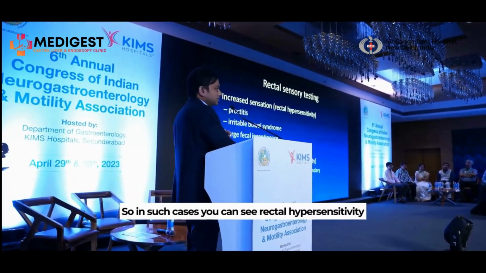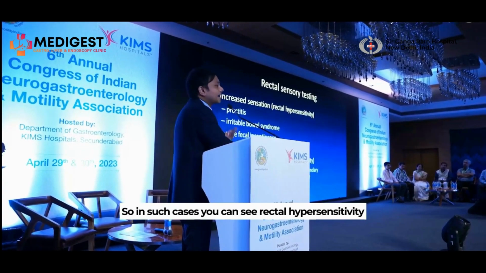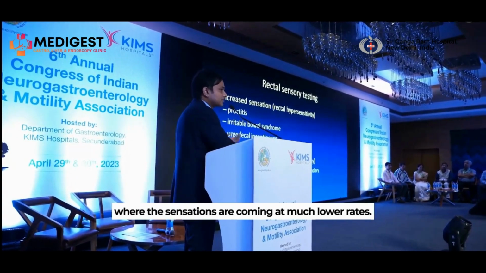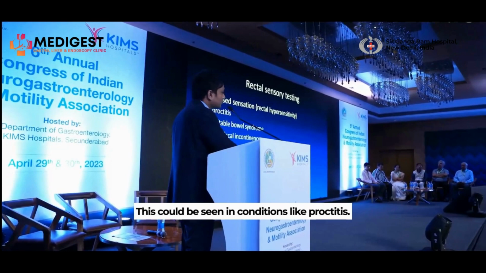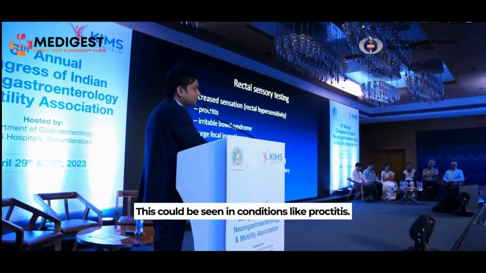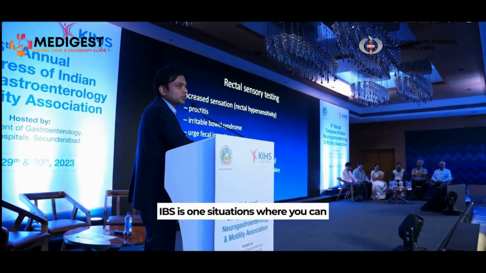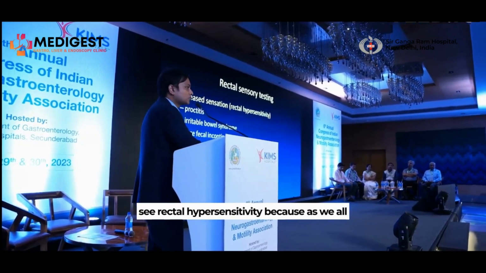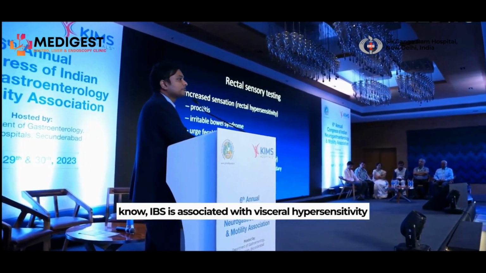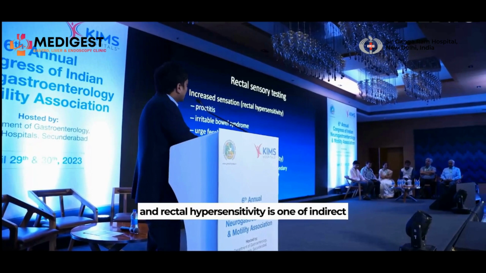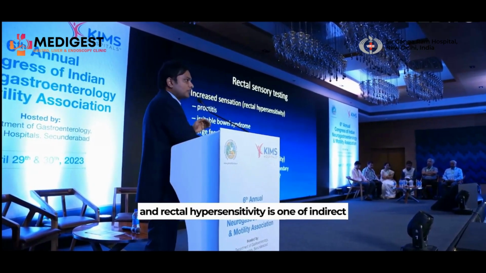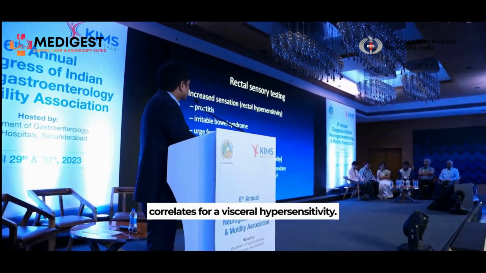In such cases, you can see rectal hypersensitivity, where the sensations are coming at much lower volumes. This could be seen in conditions like proctitis. IBS is one situation where you can see rectal hypersensitivity, because as we all know, IBS is associated with visceral hypersensitivity, and rectal hypersensitivity is one of the indirect correlates for visceral hypersensitivity.